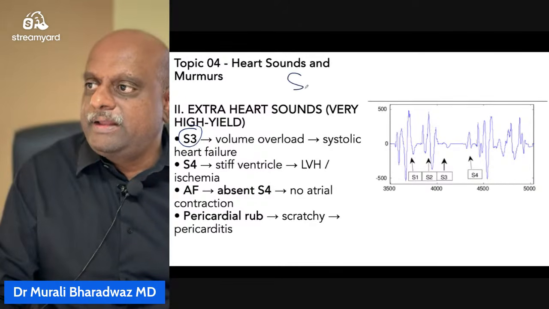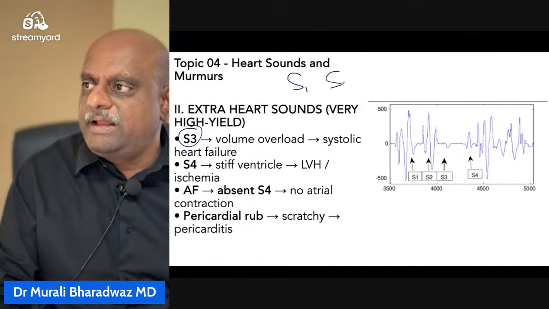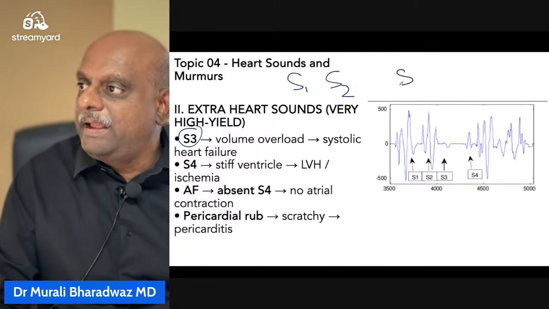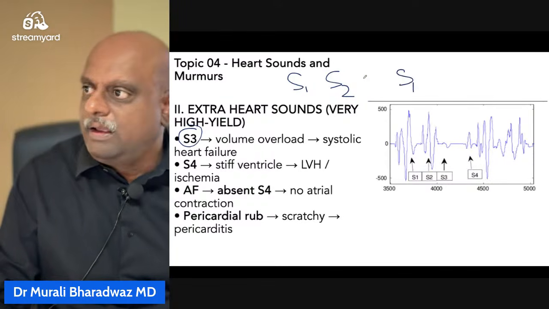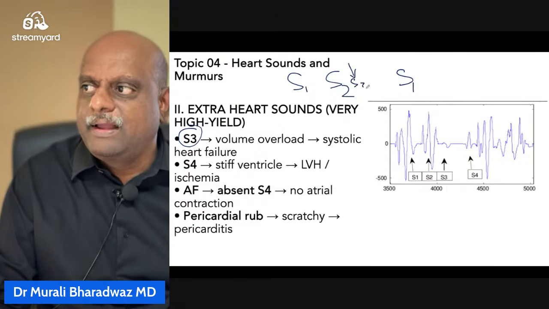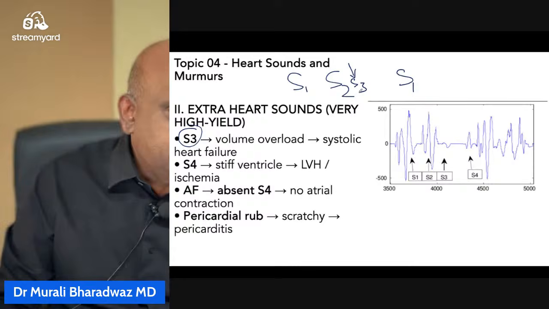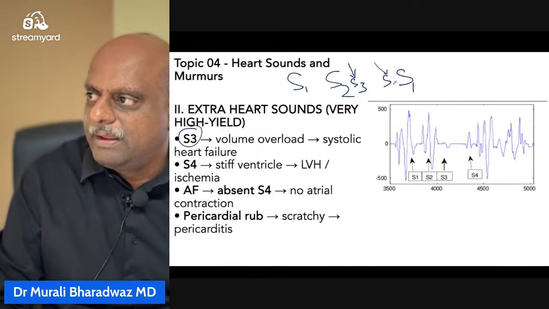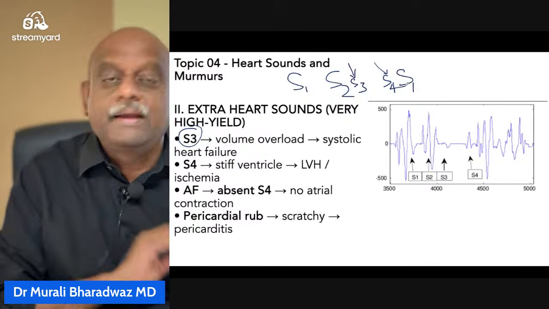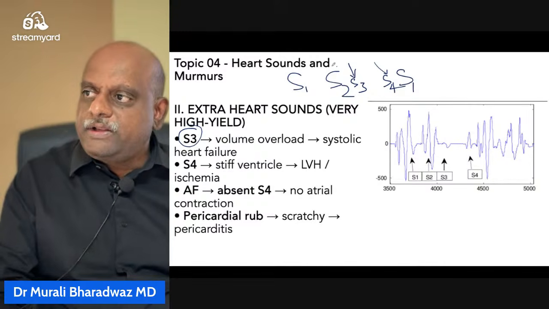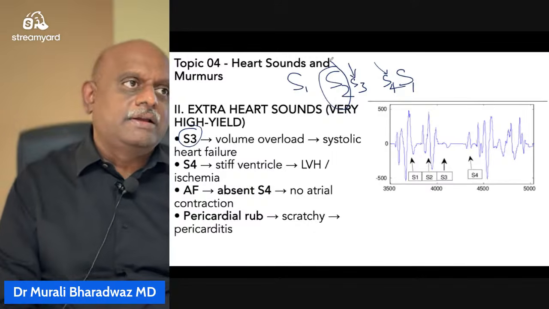So there is an S1, there is an S2, there is an S1. Between the two, there is S3 in the early part and an S4 during the late part. After S2, you call it diastole or systole?